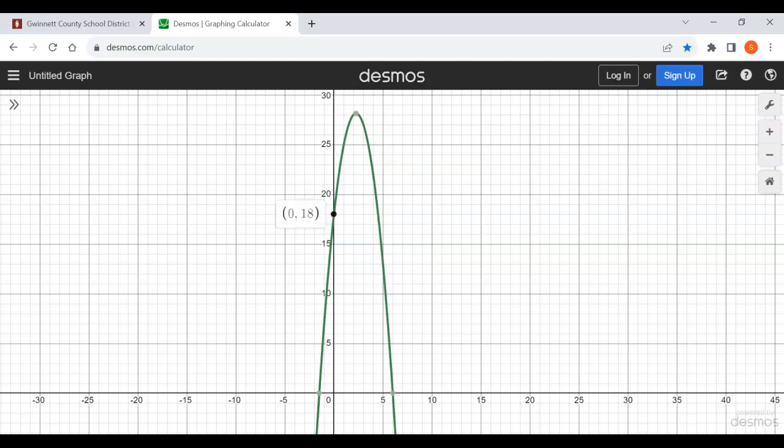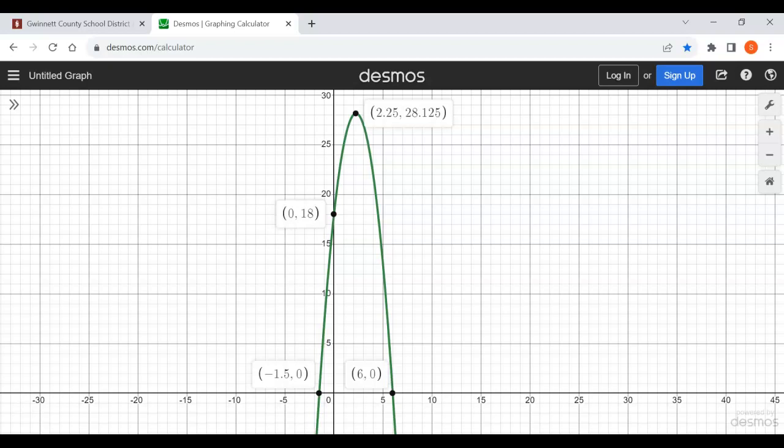Like you can identify the y-intercept, which is at 0, 18, the vertex, the maximum, and your 2 x-intercepts here.